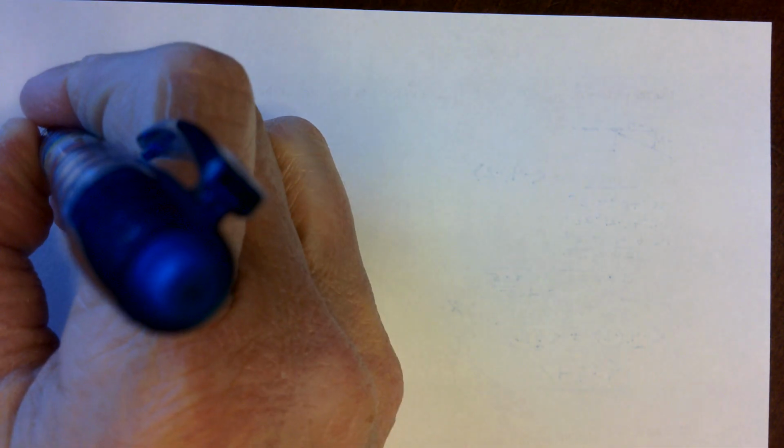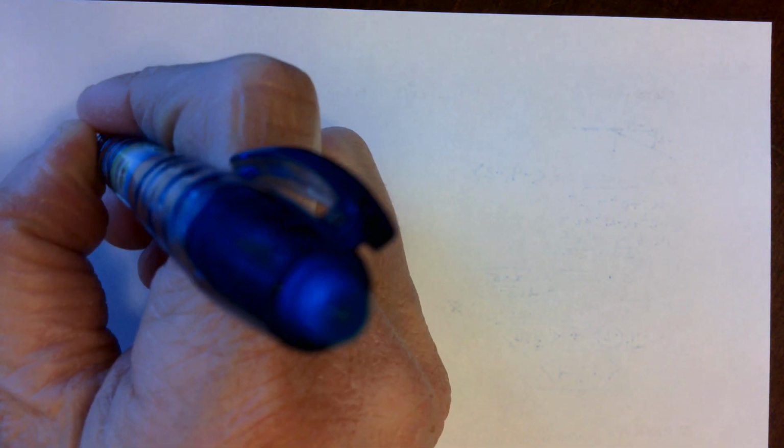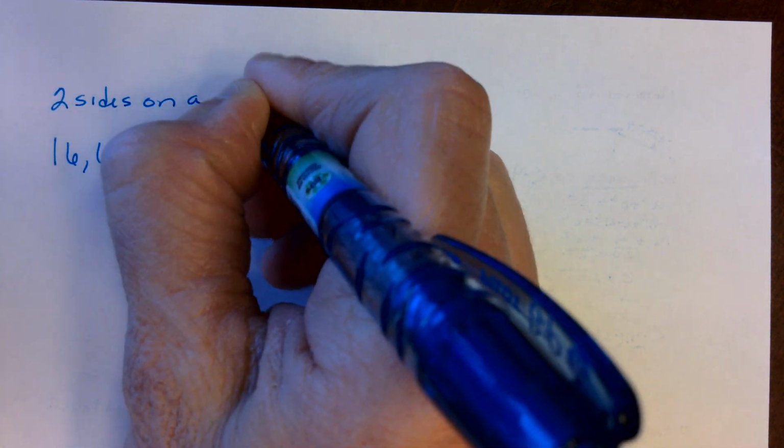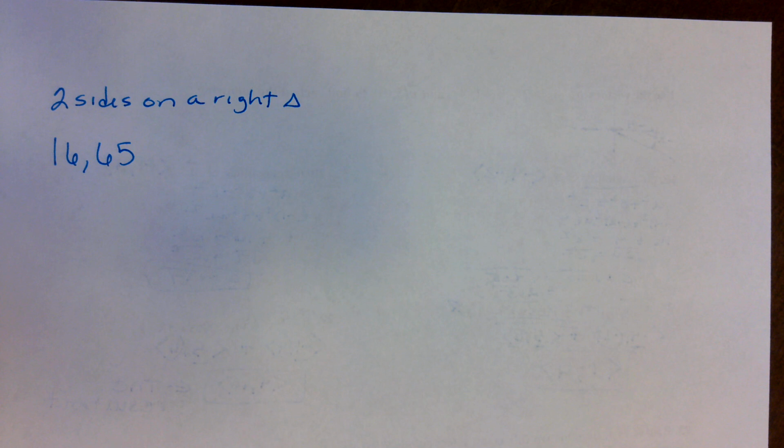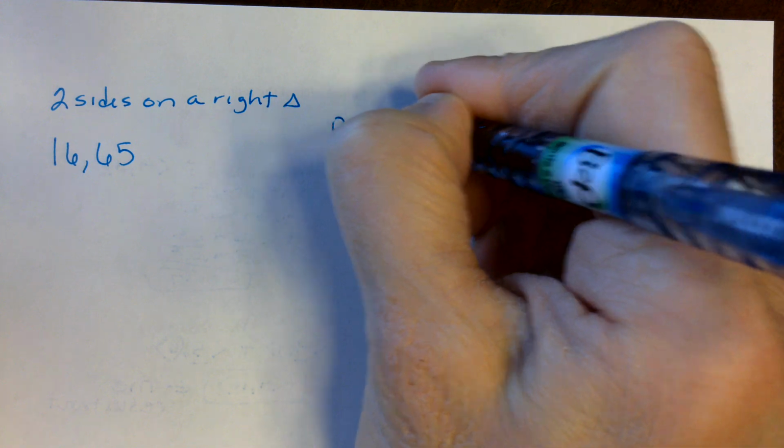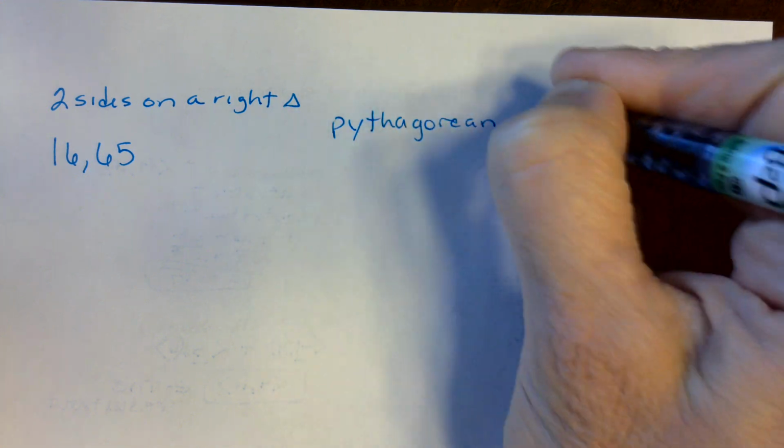I want to know, if I gave you this and this, and I told you those are 2 sides on a right triangle, can you tell me what the third side would be to form a Pythagorean triple?